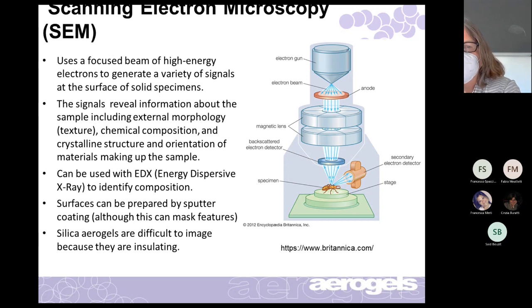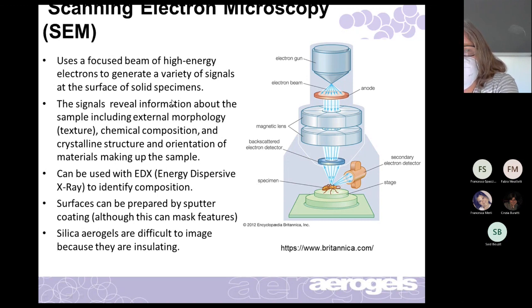Basically you take a focused beam of high energy electrons, and in this particular application, it looks like an insect of some sort. This is a picture from Encyclopedia Britannica. You shoot those electrons at your specimen, whatever it is, and you collect what comes back off it.